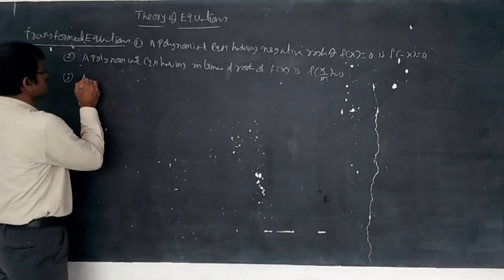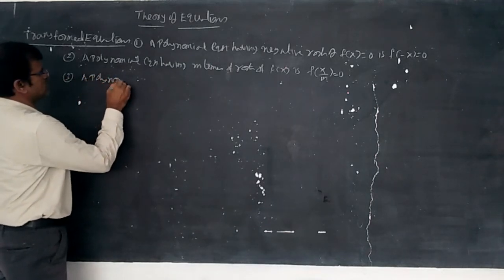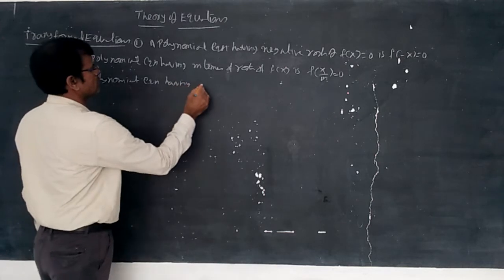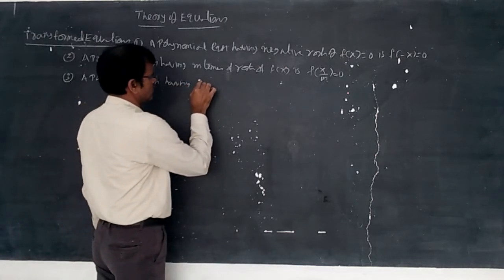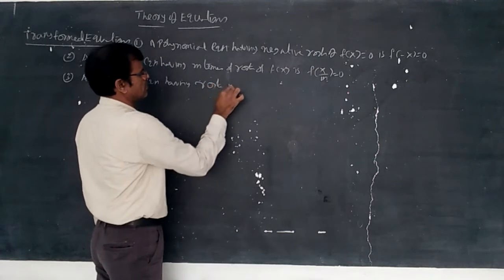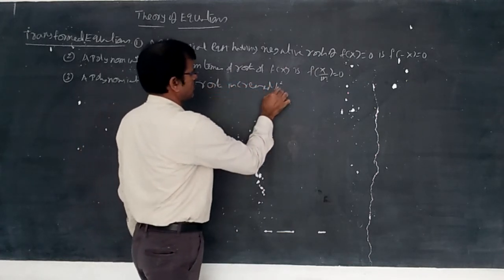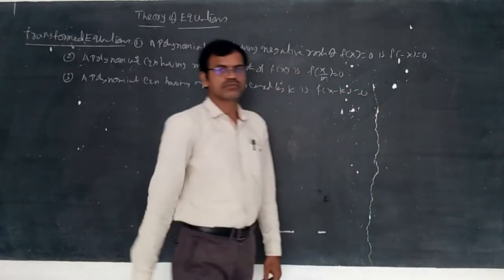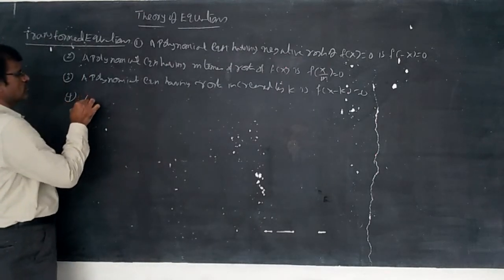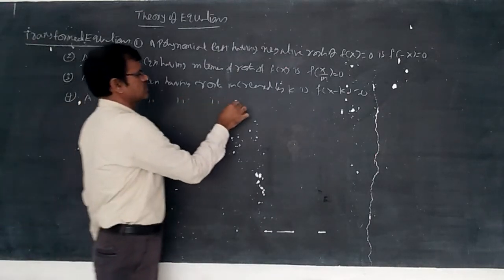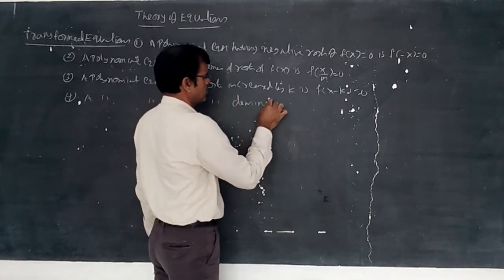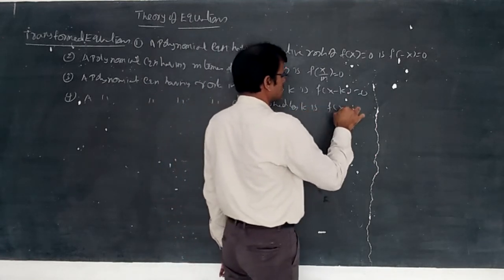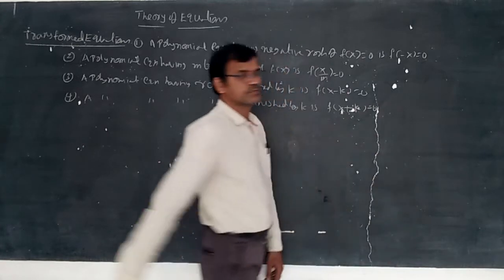Third one, a polynomial equation having roots increased by k is f of x minus k equal to 0. Fourth one, a polynomial equation having roots diminished by k is f of x plus k equal to 0.